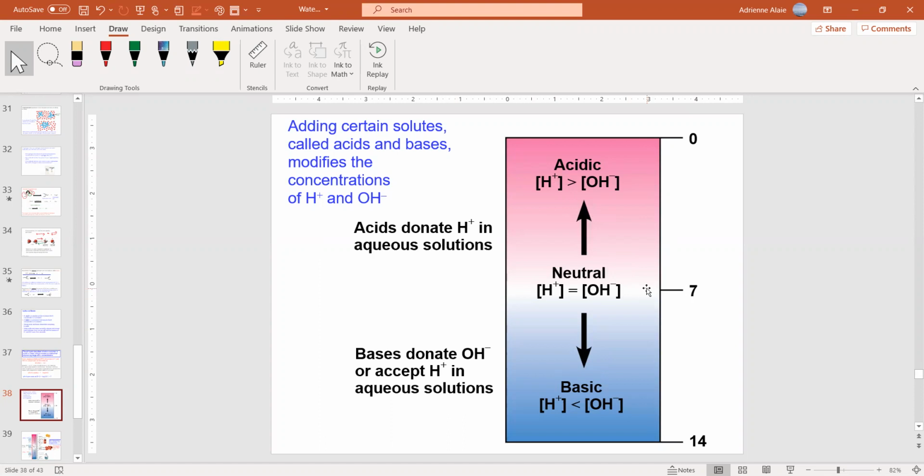If you have bases donating OH, or accepting H plus, then you go into the basic range of the pH scale, where the concentration of protons is less than the concentration of OH minus, and the pH number increases from 7. So from 7 to 14 is basic. These are basic solutions, and from 7 down to 0 are acidic solutions.